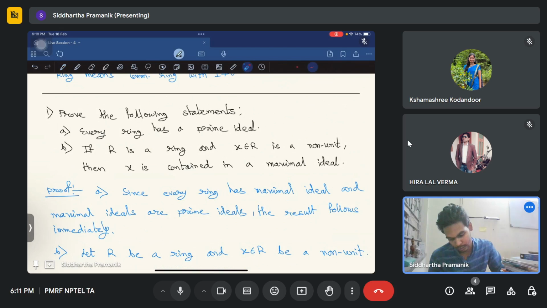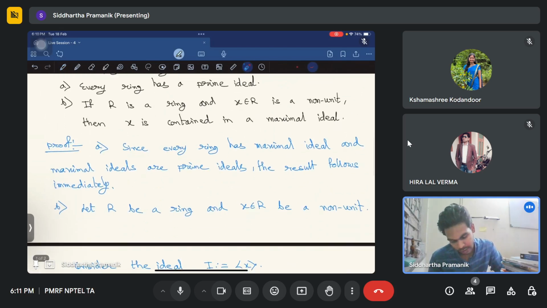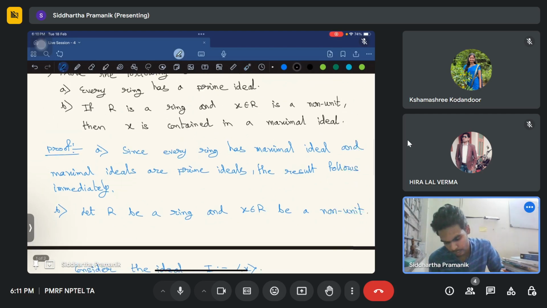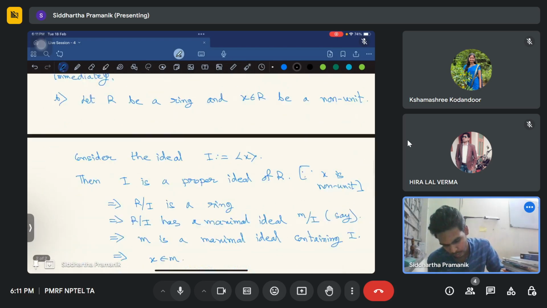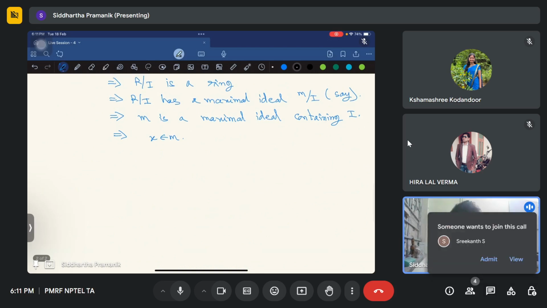In the first part, we used that every maximal ideal is prime, but we know that the converse need not be true. So prime ideals need not be maximal ideals. But there are some rings in which this holds.